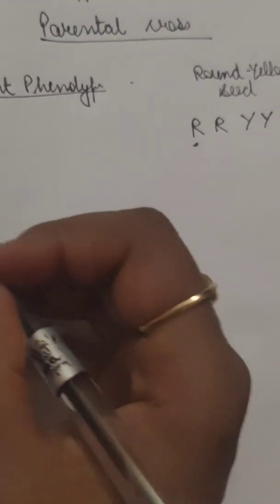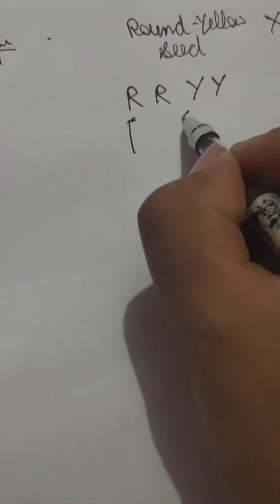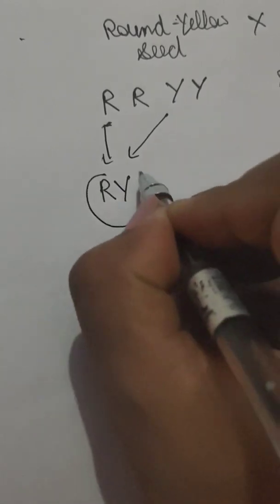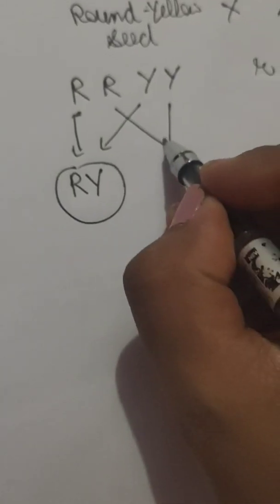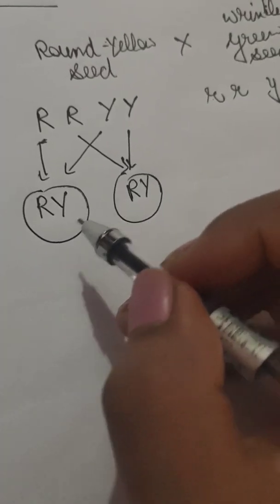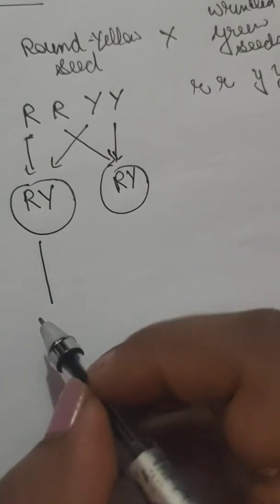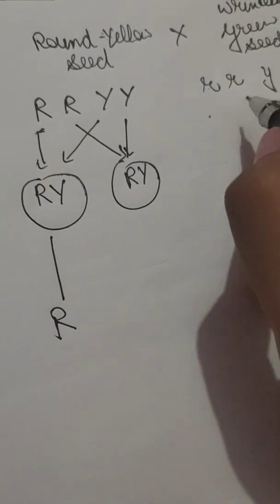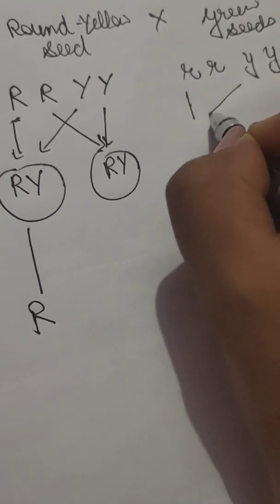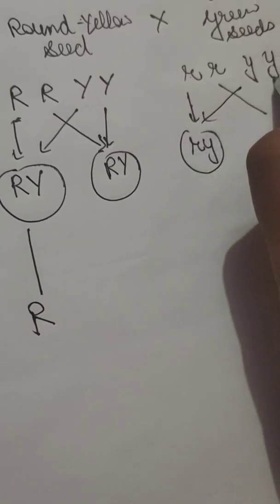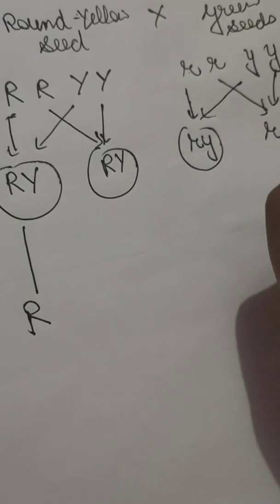The factors of inheritance will be, when this and this cross, we get a capital R and a capital Y, and when this R and this R cross, we again get a capital R and capital Y. When this capital R crossbreeds, first it will produce progeny with a small r and small y, and this other R will produce a small r and small y.